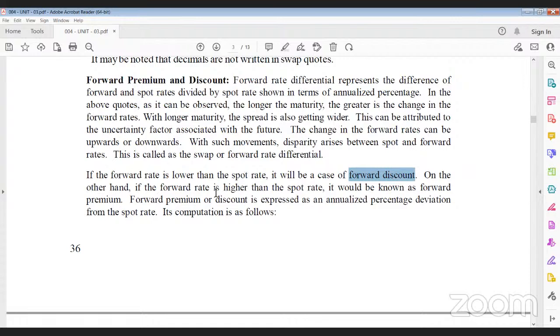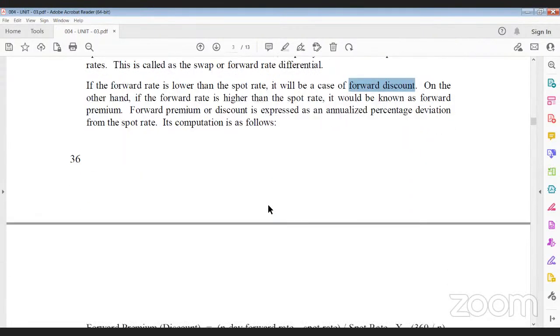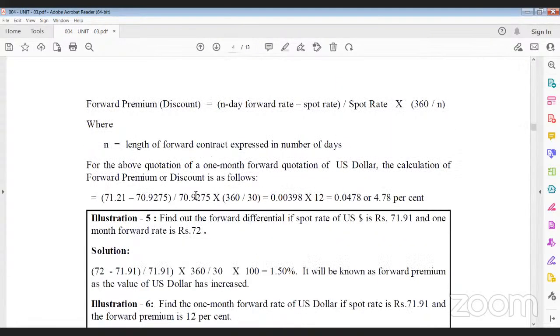On the other hand, if the forward rate is higher than the spot rate, it is referred to as a premium. Now forward premium or discount is expressed as an annualized percentage deviation from the spot rate, and this can be computed with a formula, which is forward premium or discount.